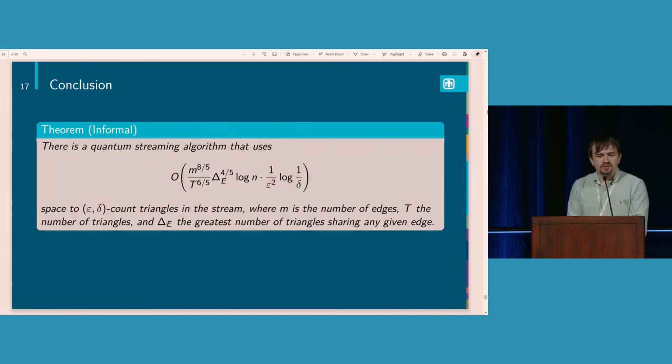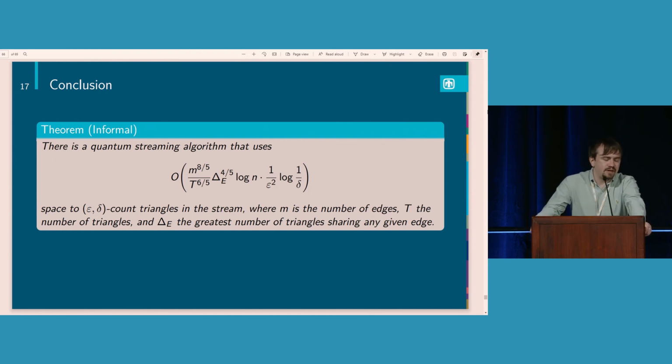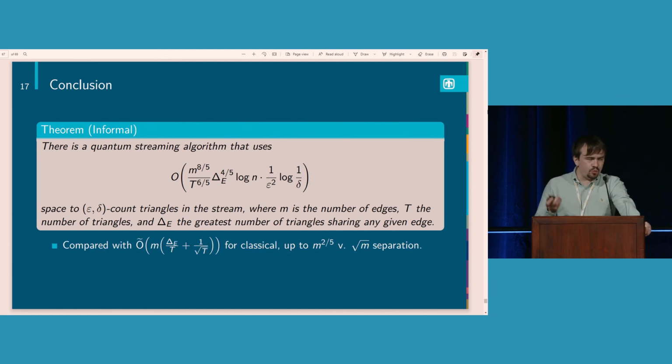As promised, I'm just going to put up, I will not read it out, what the space complexity of this algorithm actually looks like when you generalize these parameters of the number of triangles and how many triangles can share an edge and so on. When you compare this to the best possible classical algorithm, you get a separation that maximizes at m to the 2/5 versus root m, and it's a bit smaller for other values of the parameters.